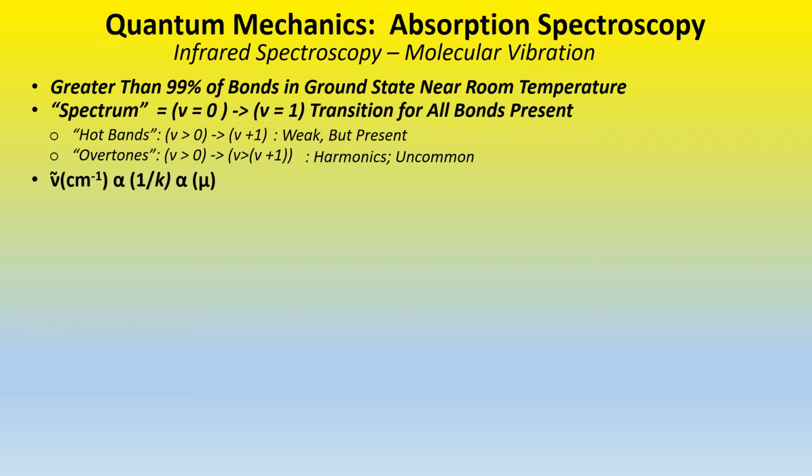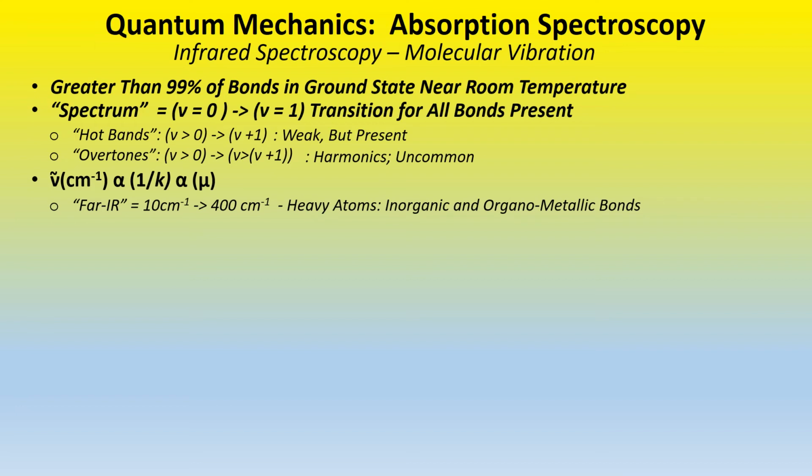You have what is known as the far IR, between 10 reciprocal centimeters and 400 reciprocal centimeters. In this range, you basically have heavy atoms with a heavy reduced mass and a low vibrational frequency, and this is where you will find inorganic compounds and organometallic bonds.